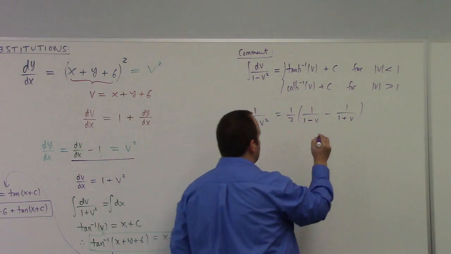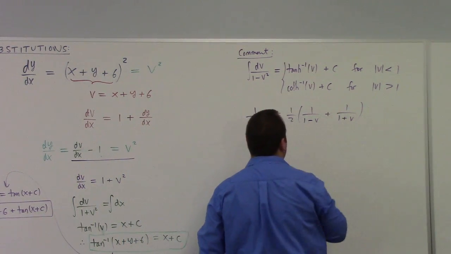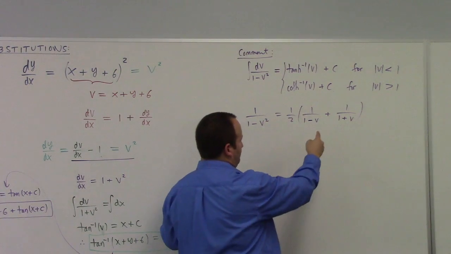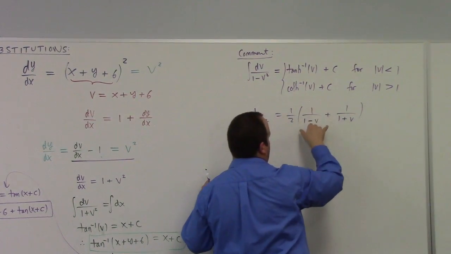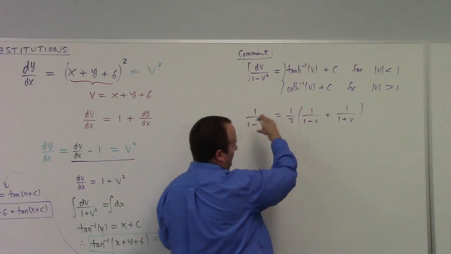I guess it should be plus. See, because then I get 1 plus v here, 1 minus v here, 2 cancels, and I'm left with the product in the, yeah, okay.